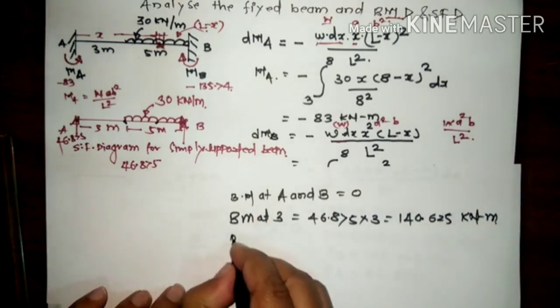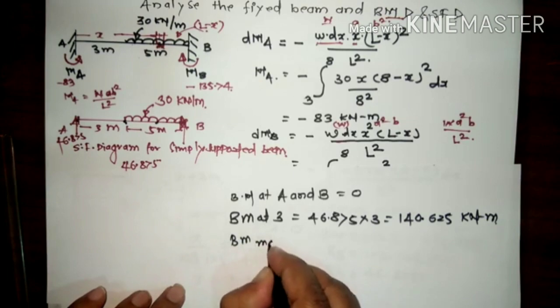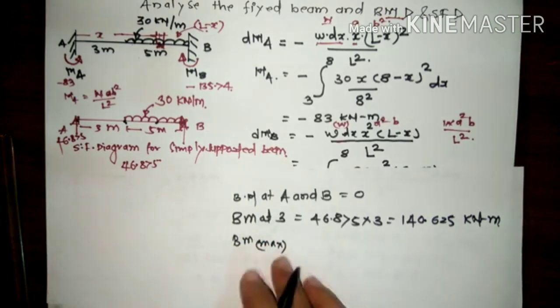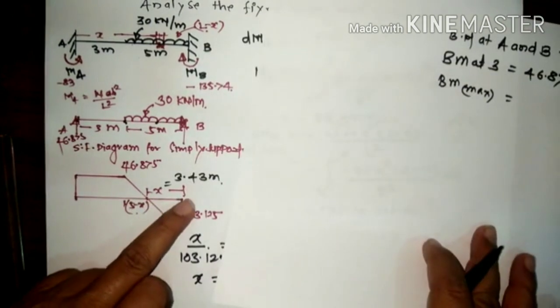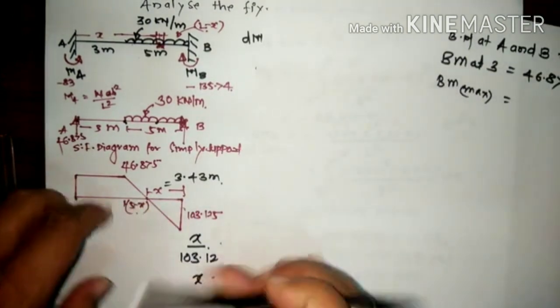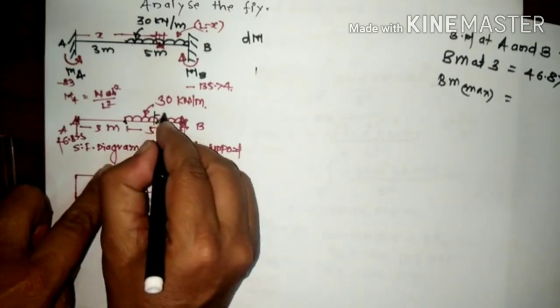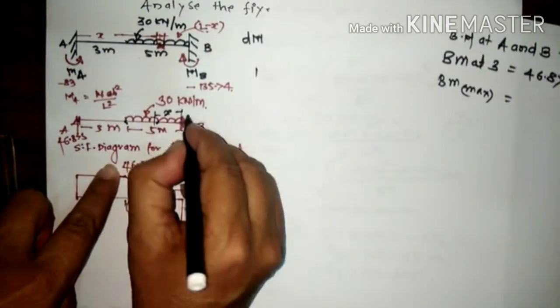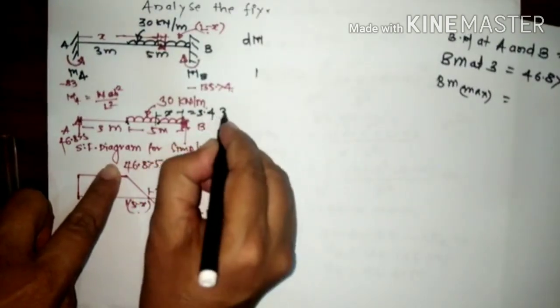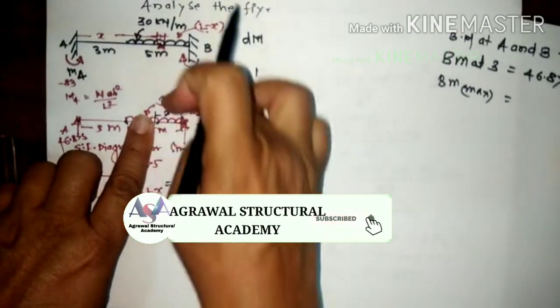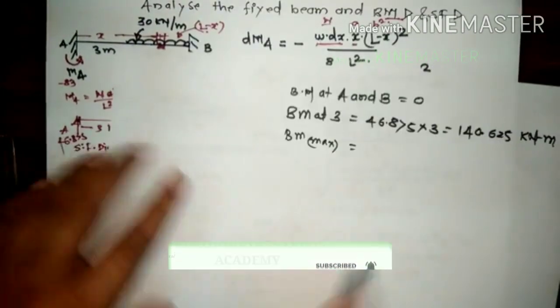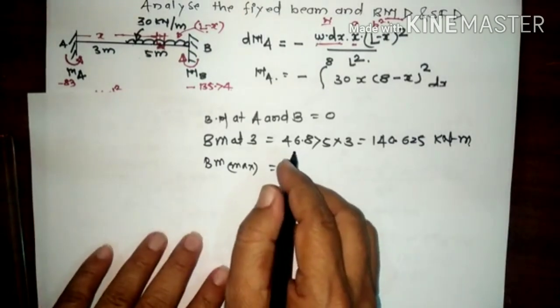Then the bending moment is maximum where the shear force is 0. So here the shear force is 0, and we are taking it from the right side. Suppose this is our x, that is 3.43. It is RB into 3.43 minus the UDL.